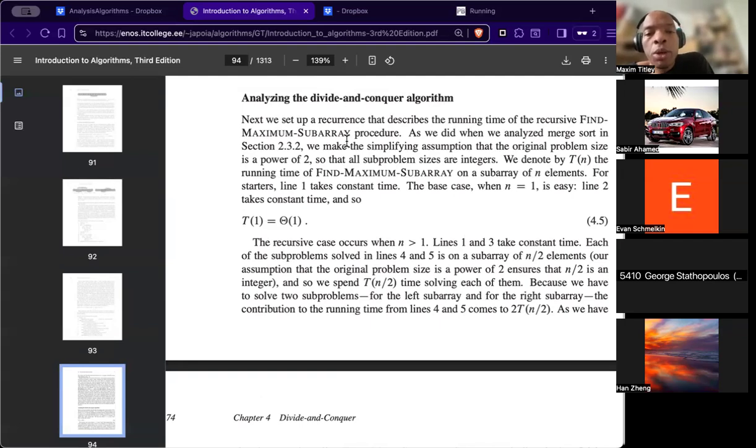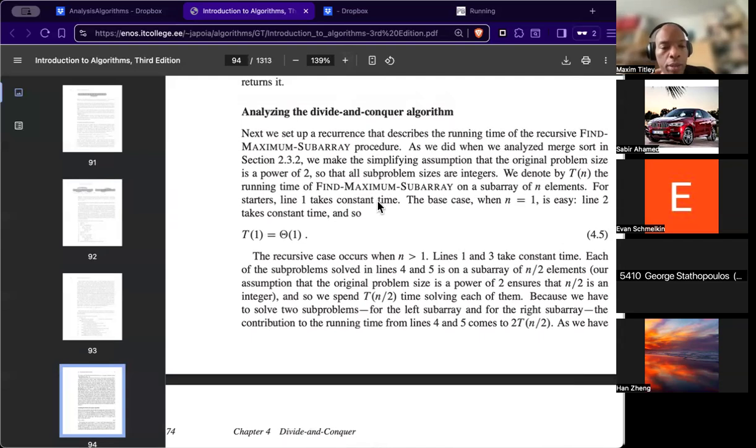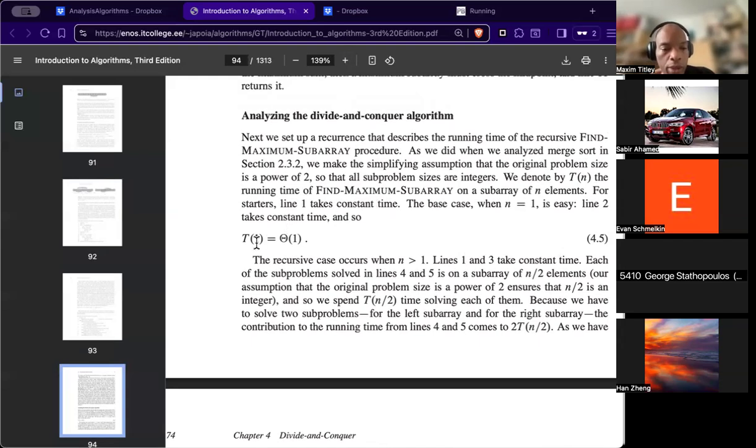We denote by T(n) the running time of FIND-MAXIMUM-SUBARRAY on a subarray of n elements. For starters, line 1 takes constant time, and then the base case where n equals 1 is easy. Now, on line 2, we have constant time and so forth, right? So this whole thing, they're saying, occurred in roughly constant time.